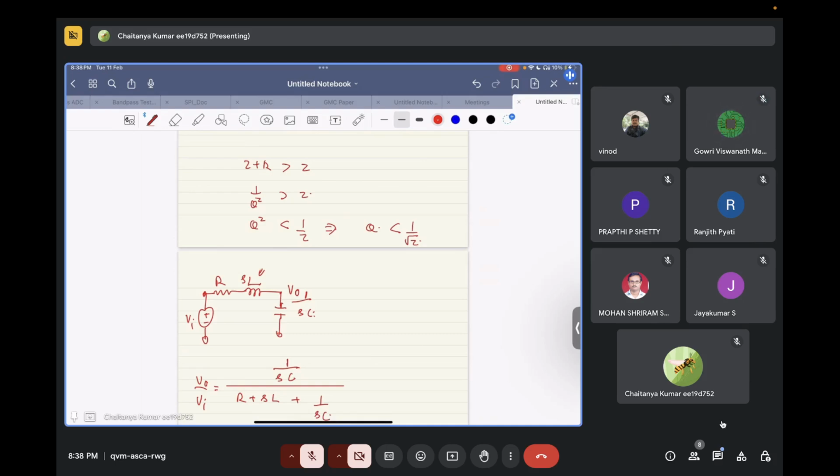Now another big question is how do you get inductors? In discrete components, inductors are available. But you know how inductors are made, right? Magnetic coil. But let's say you want an inductor on an integrated circuit. Integrated circuits are very small.